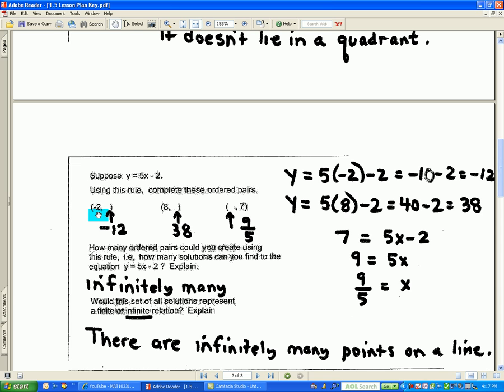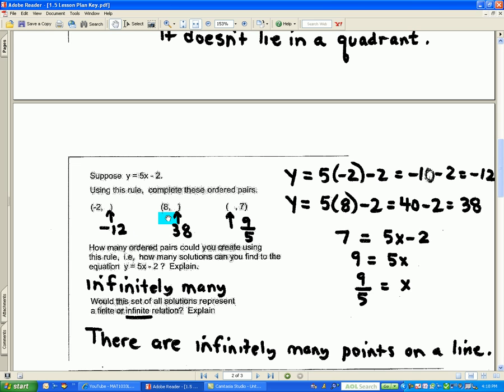In other words, they've given us the x value of -2. We need to find y. So what we do is we plug it in. 5 times -2 minus 2 becomes -10 minus 2, which is -12. So that first ordered pair is the ordered pair -2, comma, -12. That is a solution of the equation.